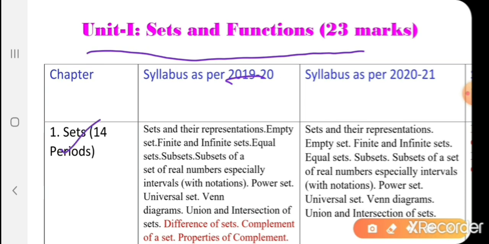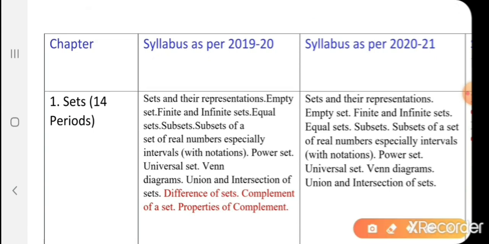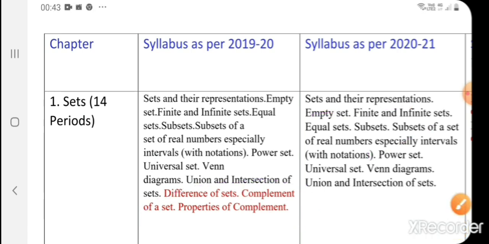All are here, excluded only the difference of sets, complement of sets, and properties of the complement. We have to read all the rest. Set representation, empty set, finite set, infinite set, equal sets, subsets, real numbers, especially intervals with notation, power set, universal set, Venn diagram, union and intersection of sets.